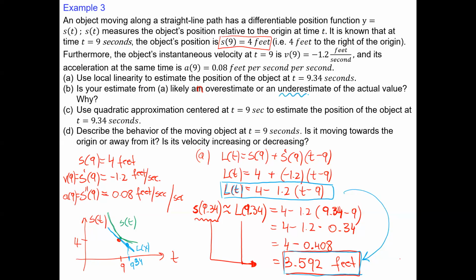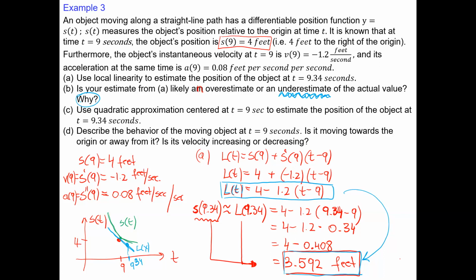We definitely underestimated. Please make sure that you can draw some conclusion based on the first and second derivative. That's what we learned for the application of the derivative. We did underestimate, and we know why: because of the derivatives, concavity, and monotonicity.